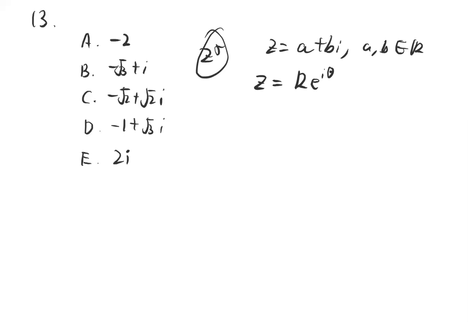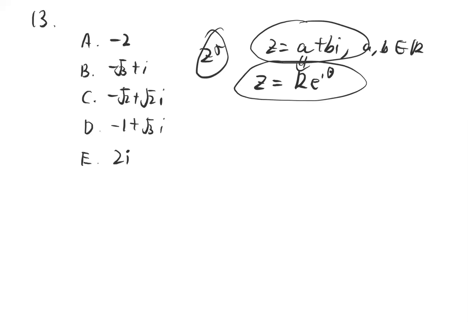When we have something to the power of 5, we usually want to convert from rectangular form to the exponential form. By the way, this is also equal to r times cosine theta plus i sine theta, due to Euler's formula.